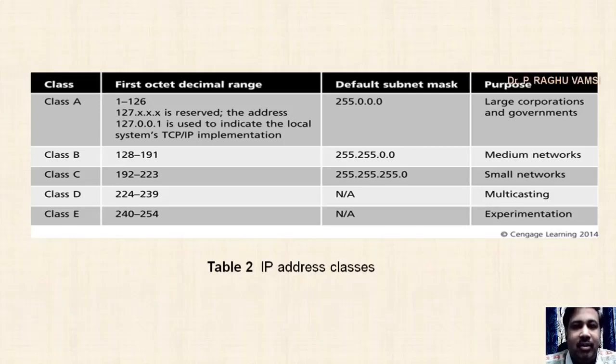127.x.x.x is reserved, which indicates the localhost. Whenever you run a web application, web server, or application server, and you want to see the web page of the server through your browser, you may enter http://127.0.0.1:8080 or http://localhost:8080.